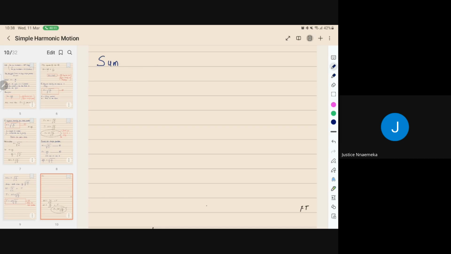In summary, remember that your period T, which is measured in seconds, is equal to the time for those oscillations over the number of revolutions or oscillations.